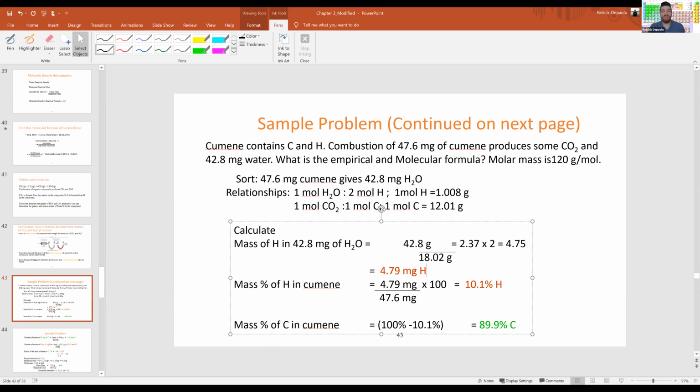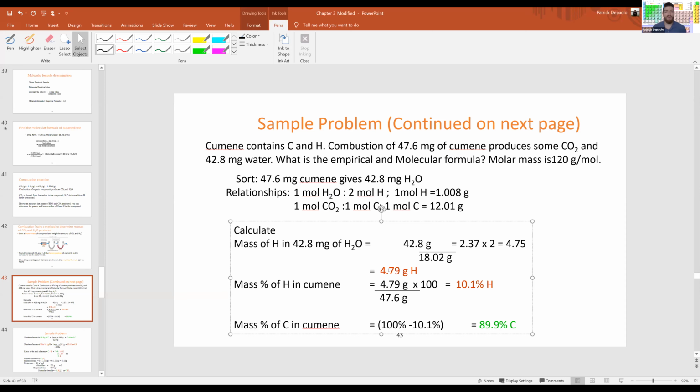Let's change everything to grams to make it simple. I think we get it. If you have any questions, you can ask them anytime. The moles of hydrogen was determined by first figuring out the moles of water from the sample, then multiplying by 2. Then that was multiplied by the atomic mass of hydrogen alone, which is about 1, so 1.008, to come up with our grams of hydrogen.